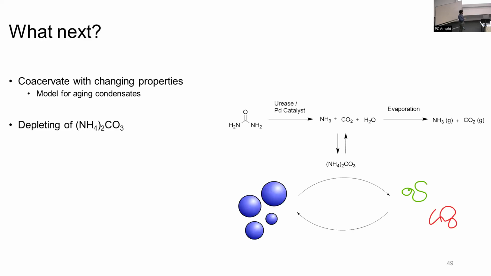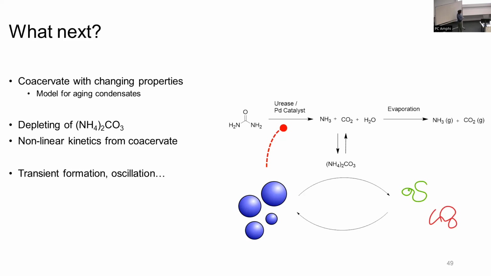And since this has an influence on coacervates, and coacervates can probably influence these processes, that introduces some nonlinearity in the system, and that at least gives it the potential to show some pretty cool behaviors like transient formation or oscillations in the ionic strength. They are based on very simple processes, but I think it's not something that people have looked into before.